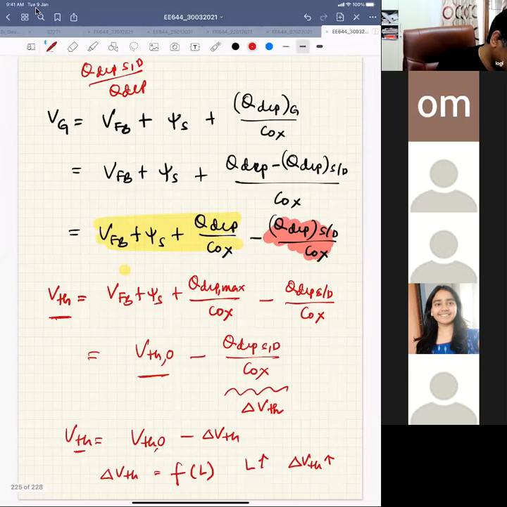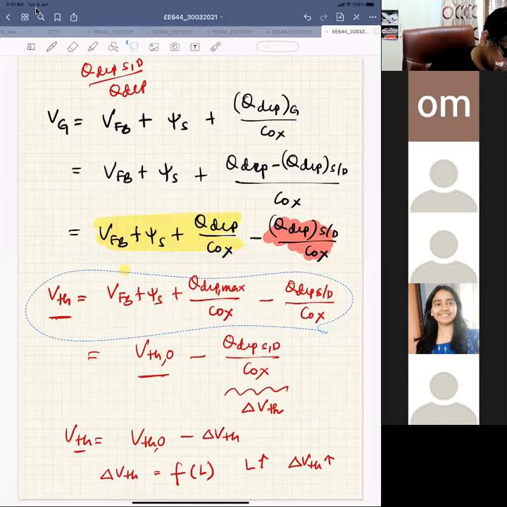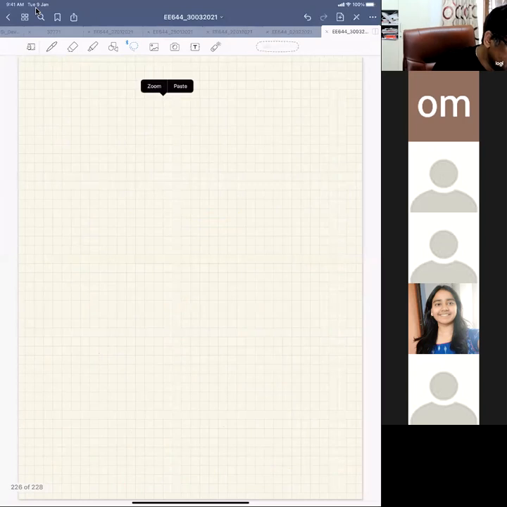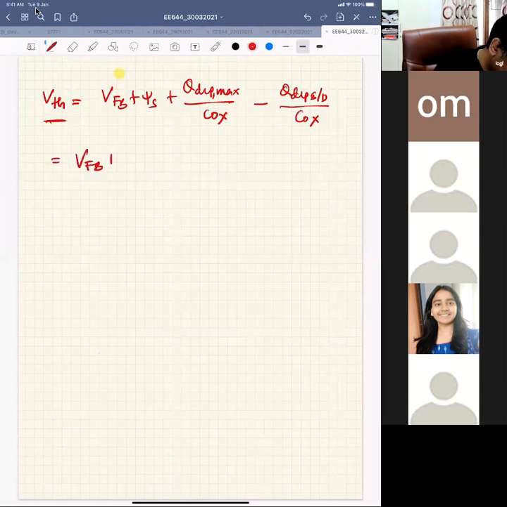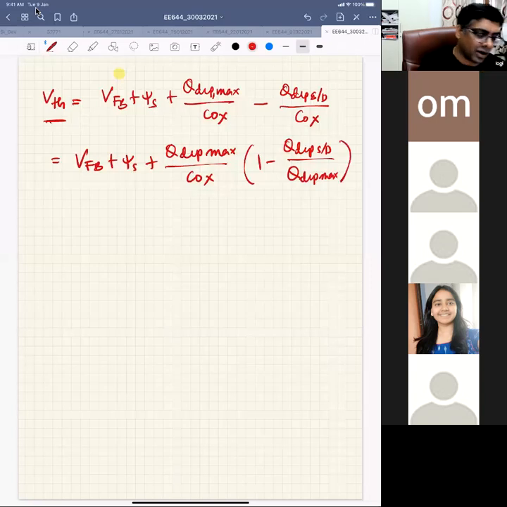If I take this equation here, I could also write it in this way, with Q depth max by Cox. So this part is your typical term, right?